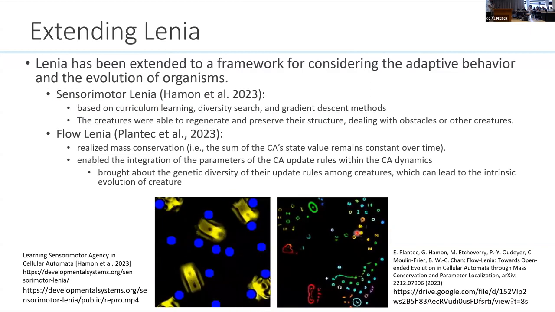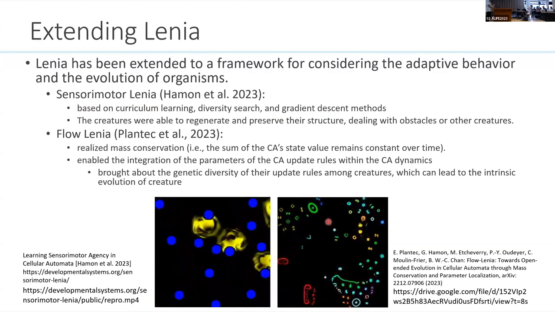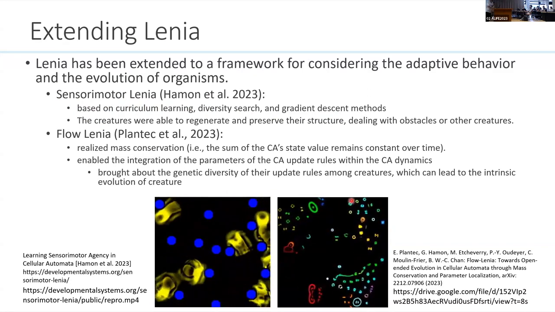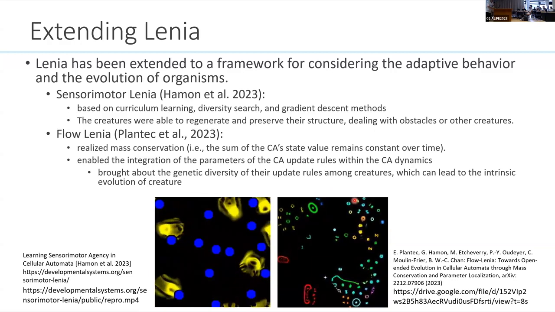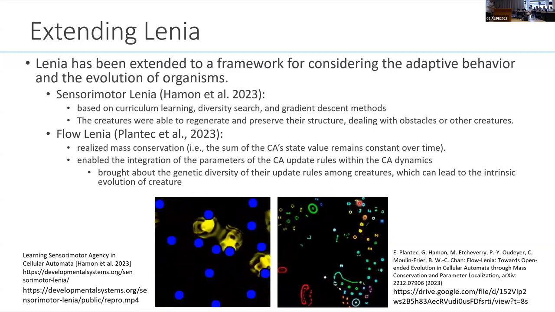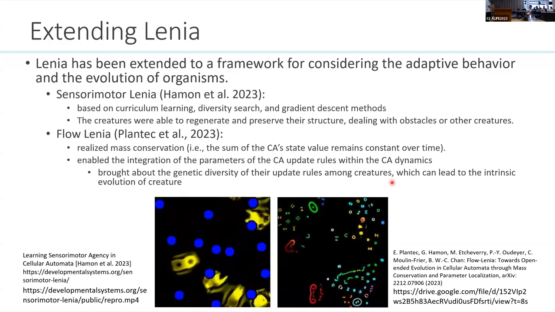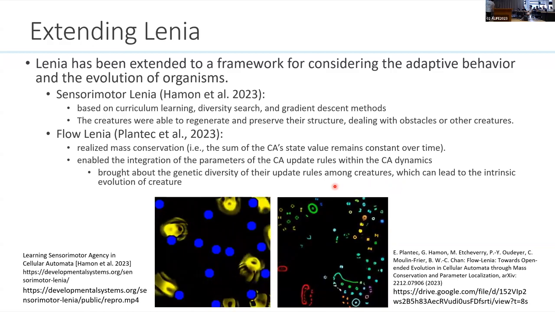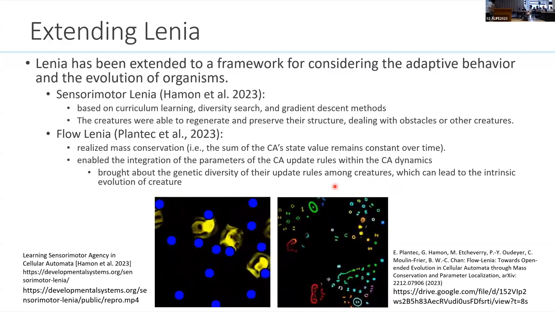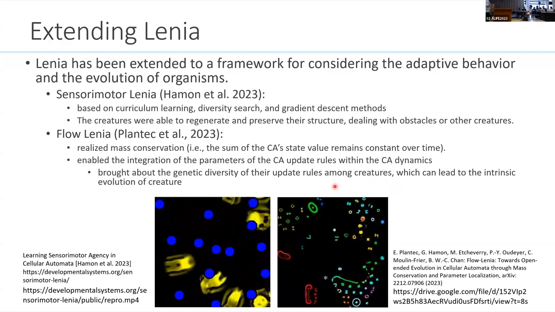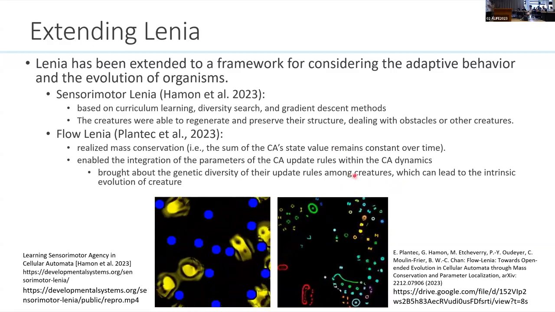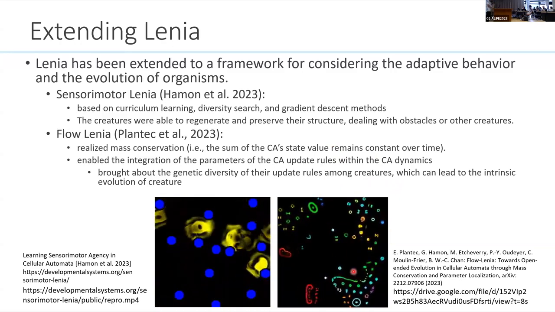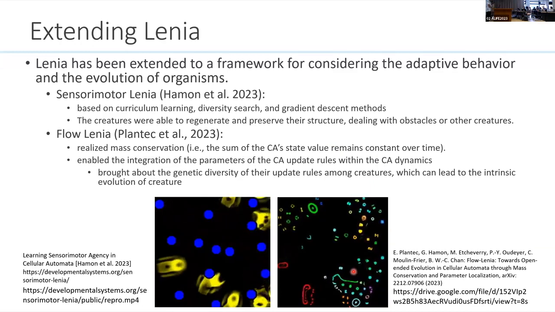This property enables the integration of the parameters of the CA update rule within the dynamics of the cell. This brought about the genetic diversity of the update rules among creatures that can lead to intrinsic evolution of creatures.